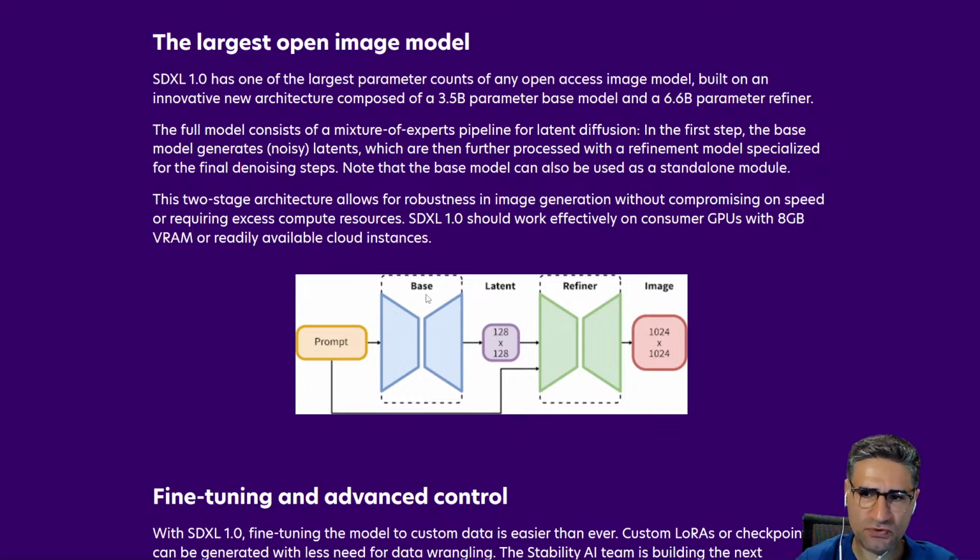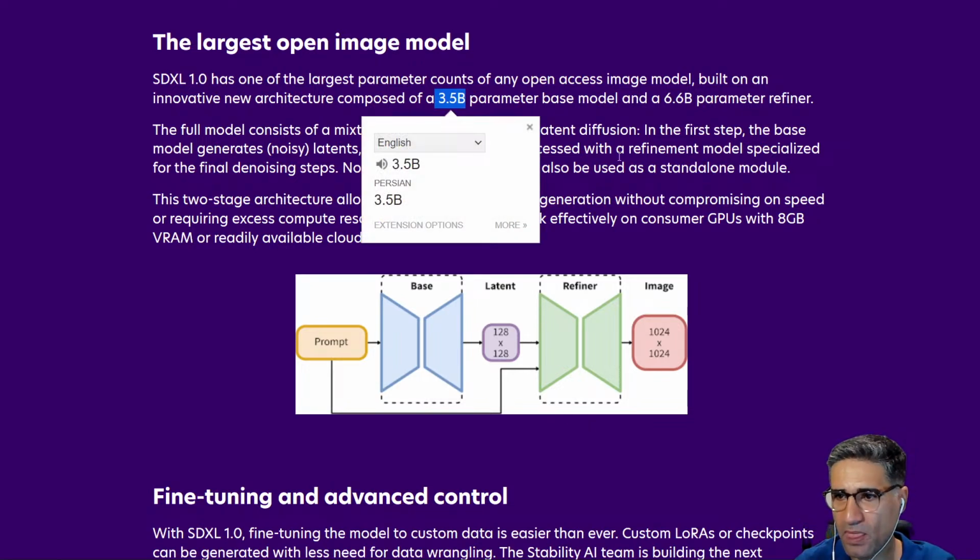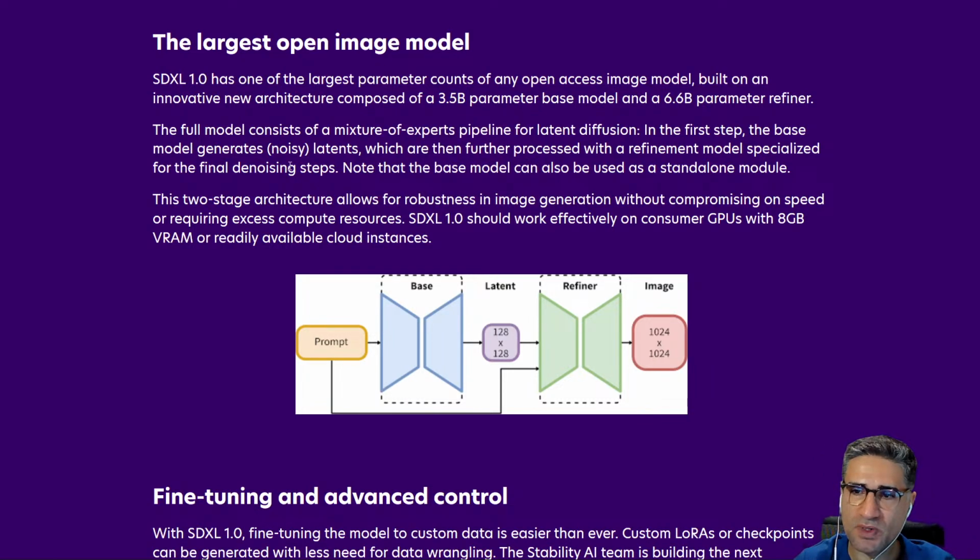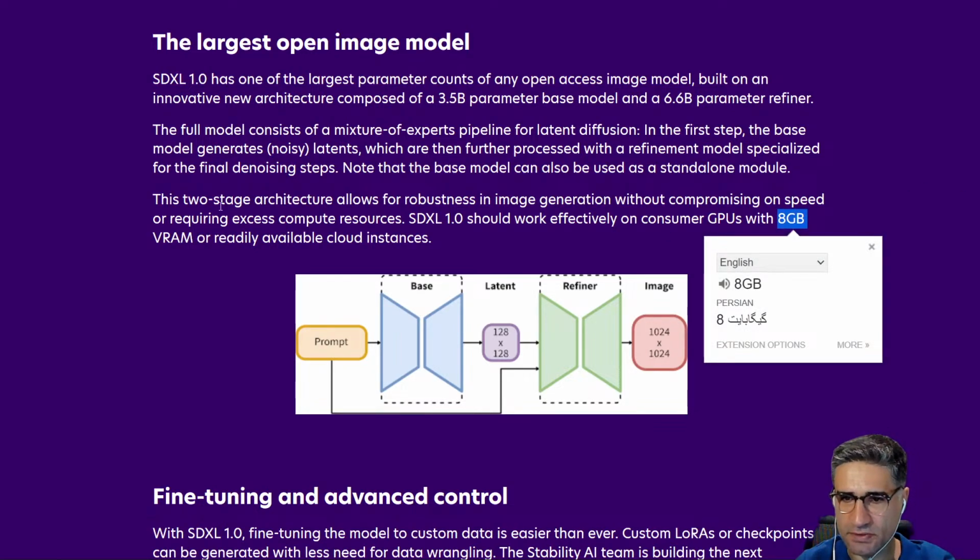If you just want to run the base model, you need less VRAM, okay? Because the parameters loaded in the base model are much fewer. But the refiner can add many details. By the way, in ComfyUI I think you can easily run them with 8 GB.